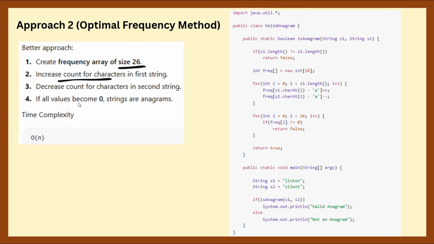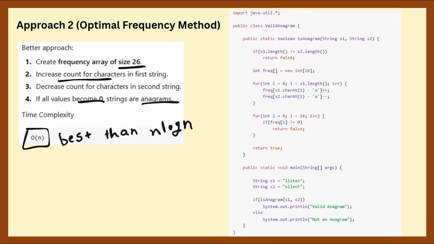If all values become 0, the strings are anagrams. Otherwise, they are not anagrams. The time required is O(n), which is better than n log n.